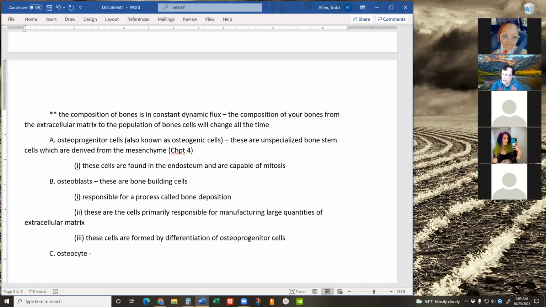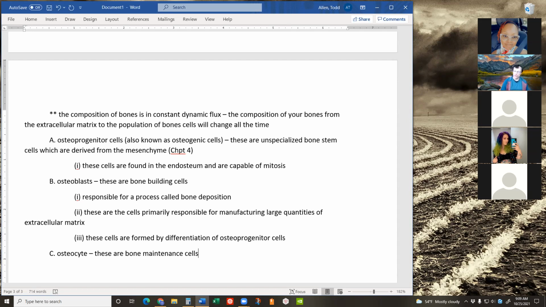In many ways, the osteocytes are kind of like mom and dad, right? They maintain the household. They work the job, pay the bills, put food on the table, make sure there's heat on in the wintertime, right? These are the mom and dad cells that maintain what has been created. These are bone maintenance cells, okay?